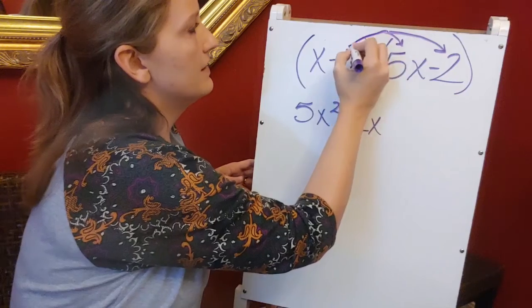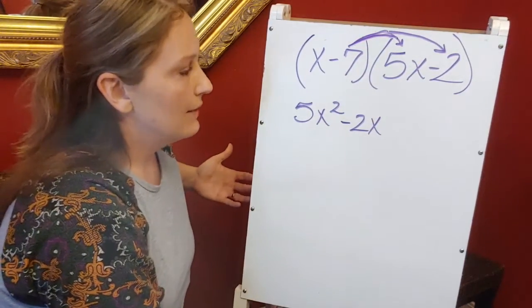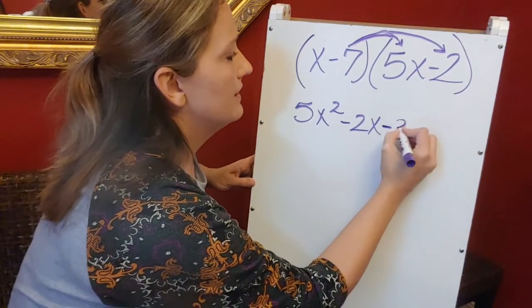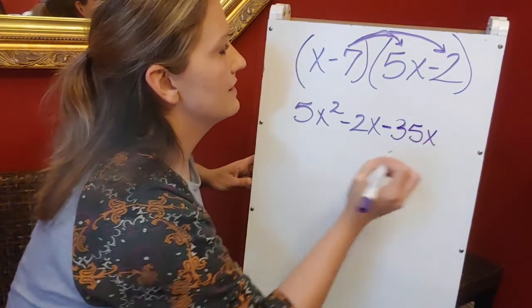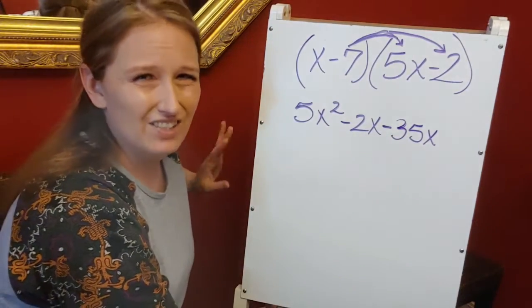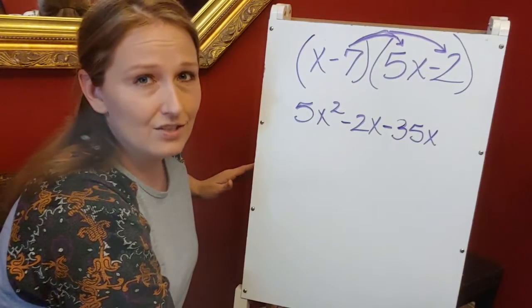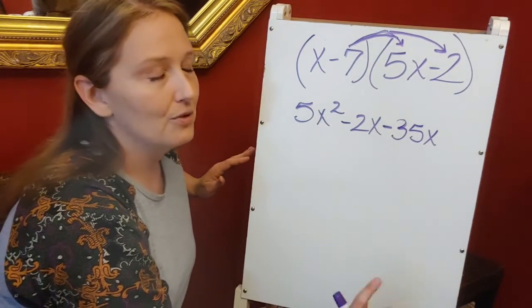And then I'm going to take this 7 and do the same thing. -7 times 5x is a minus 35x. And a -7 times a -2. Make sure you're paying attention to those signs. Negative times a positive gives you a negative answer. Negative times a negative gives you a positive answer.